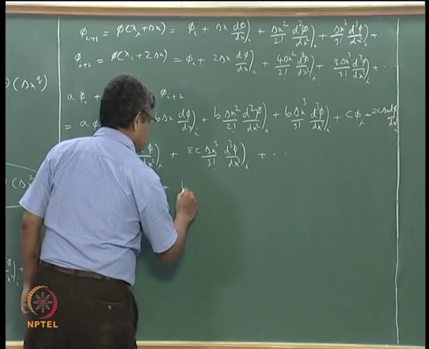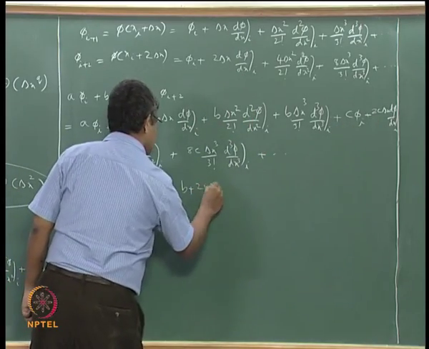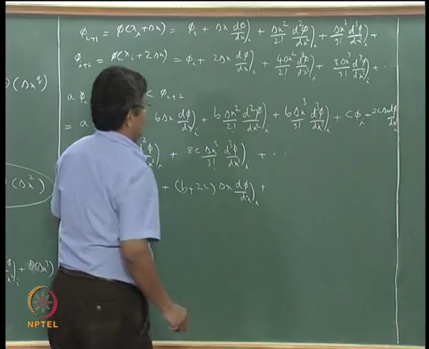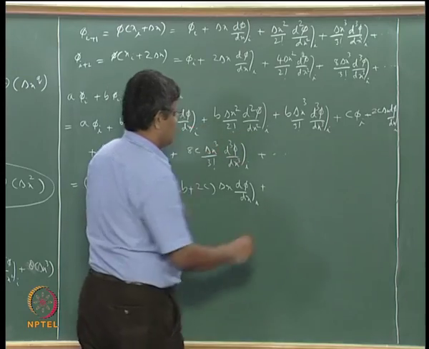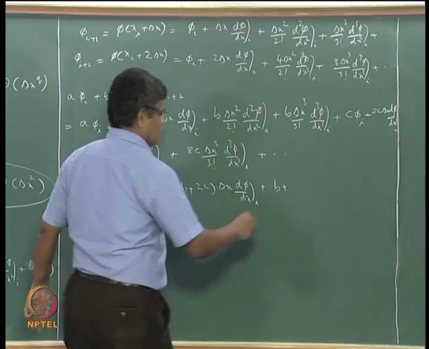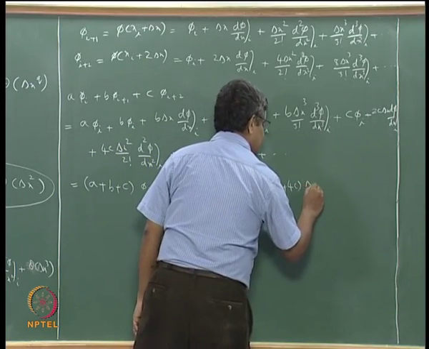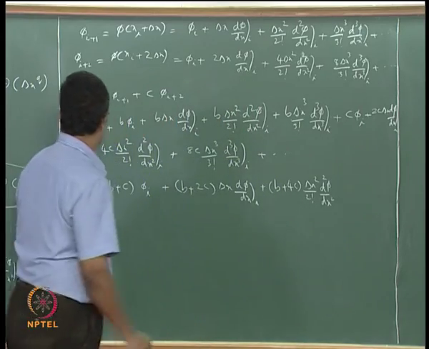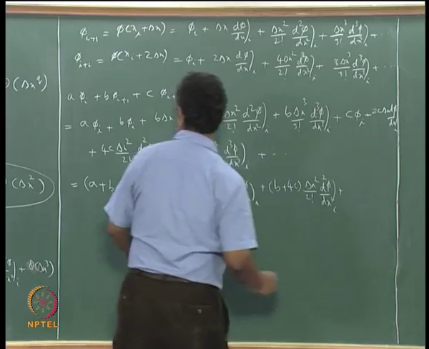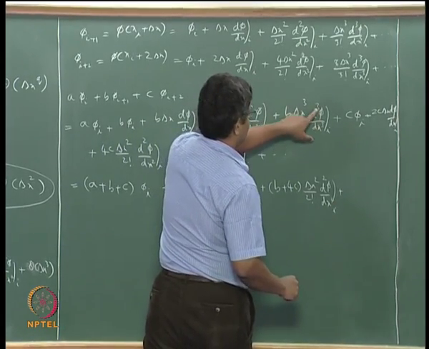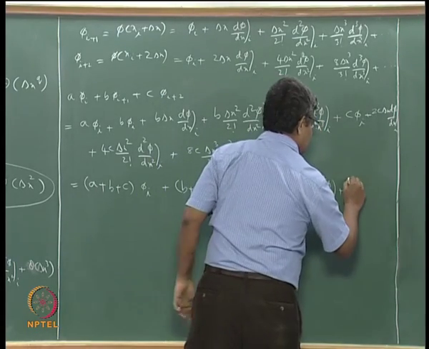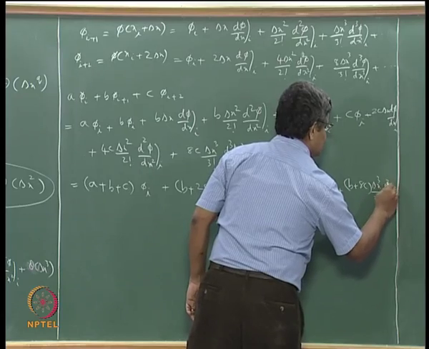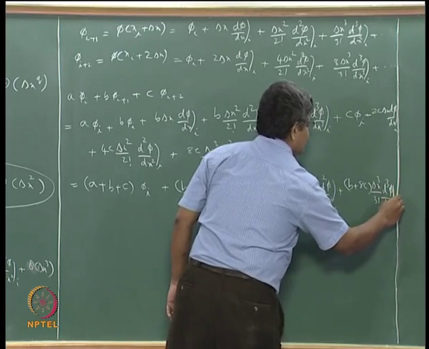So that is b plus 2c times delta x d phi by dx, plus for d square phi by dx square we have b plus 4c times delta x square by factorial 2 d square phi by dx square at I, plus for d cubed phi by dx cubed we have b plus 8c times delta x cube by factorial 3 d3 phi by dx 3 at I, plus so on like this.